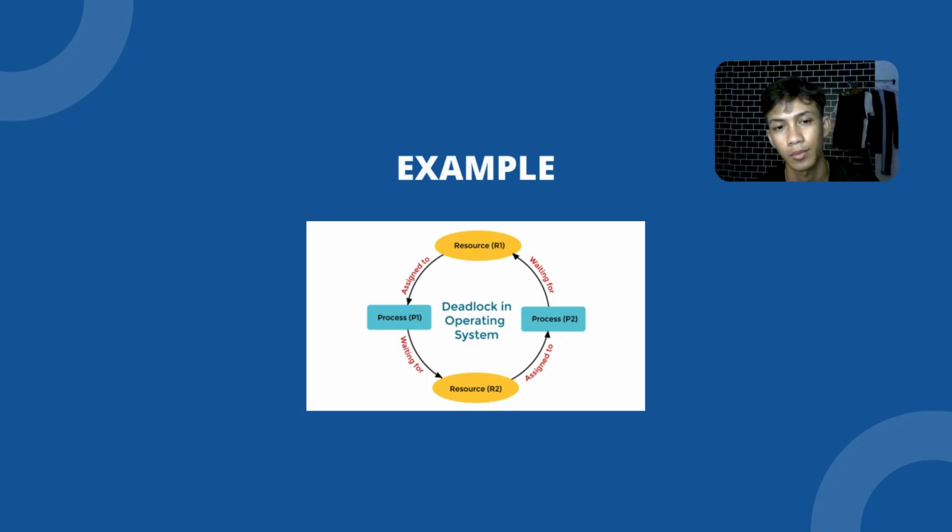Using an example of deadlock, for example, there are two users, A and B. User A is editing a specific section of a document, like writing in Microsoft Word, right?